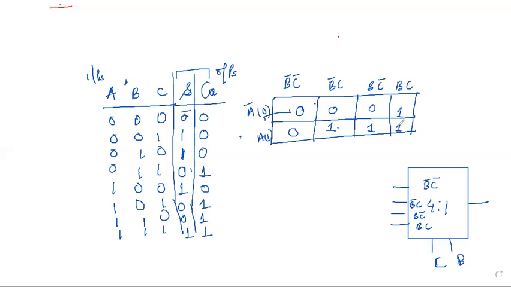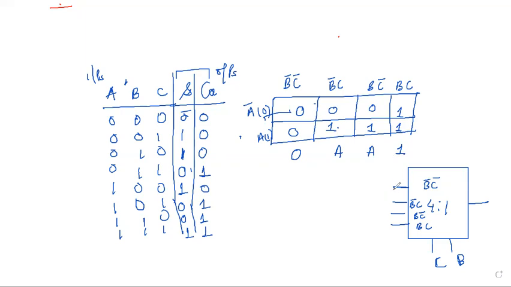Once we have filled it, now we are going to see the output related with value of A. So for B bar C bar, irrespective of the value of A, output is always 0, or you can say carry is always 0. For B bar C, the output is 0, 1, that is same as A. Similarly, for BC bar, it is A, and for BC, it is always 1.